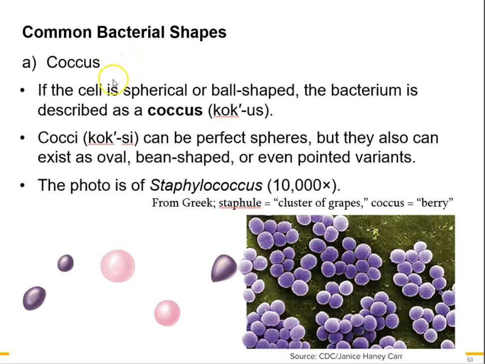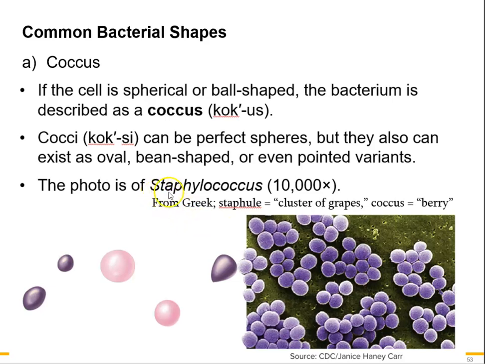Okay, so if the cell is spherical, the bacterium is going to be described as a coccus. The plural is cocci. But there's some variation in how spherical these cells are. So they can be oval, kind of bean-shaped, or even pointed, okay? This photo here is of Staphylococcus.